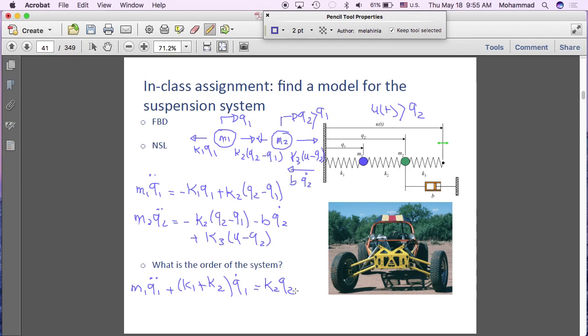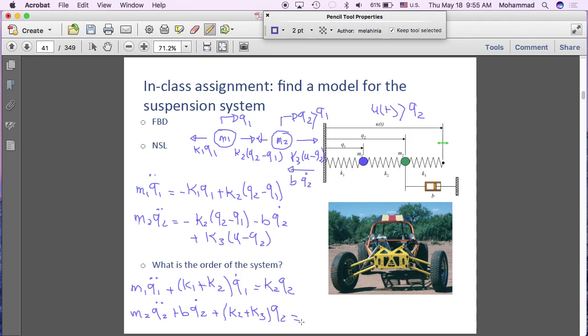And let's go to the second equation. We can write it as m2 q2 double dot plus b q2 dot plus, what is multiplied by q2? We have k2 and we have k3. So plus (k2 plus k3) times q2.